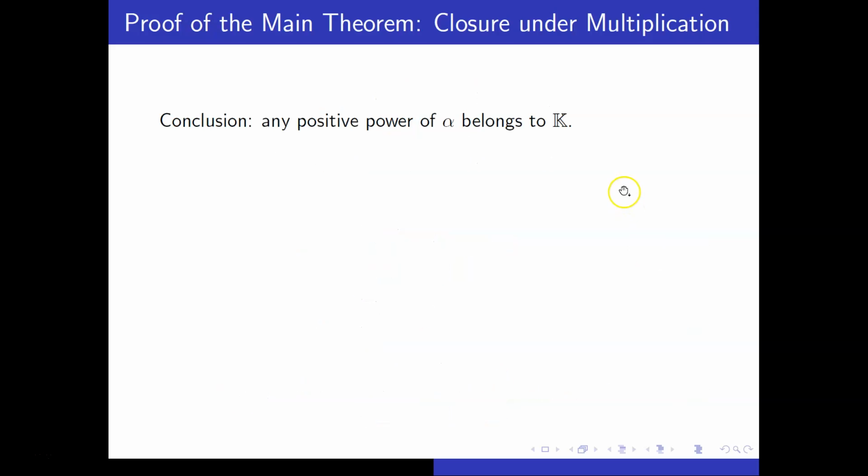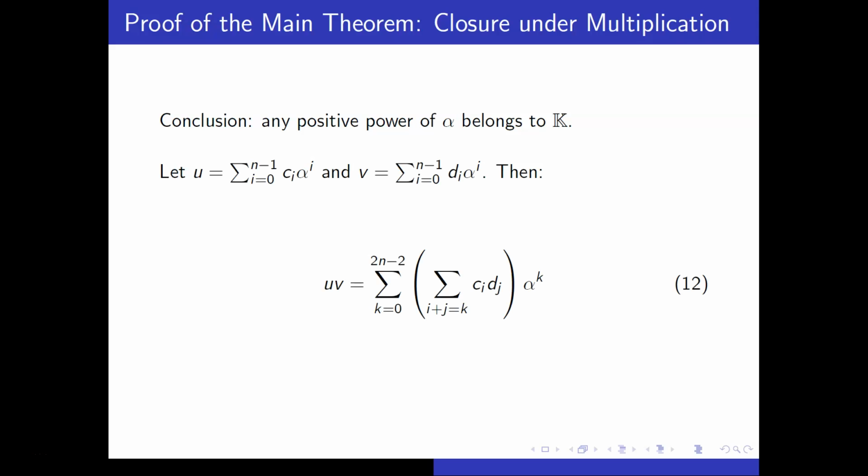All right, well, now that we know that any positive power of alpha belongs to K, we can prove closure pretty quickly. If I take two elements of K, so two linear combinations of powers of alpha, I multiply them together. Again, I get some large convoluted sum of powers of alpha, which may go well above n minus 1.